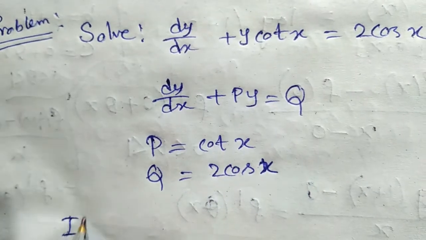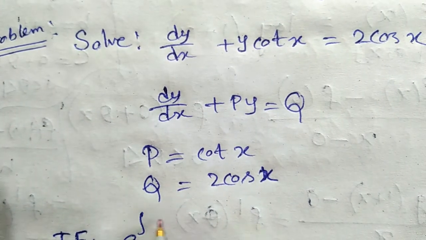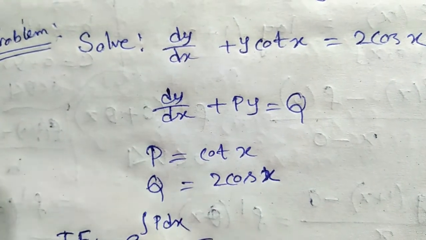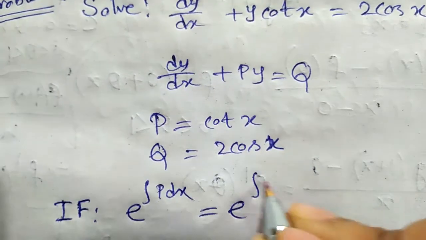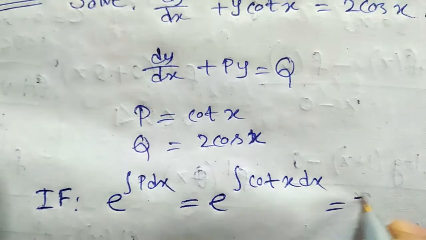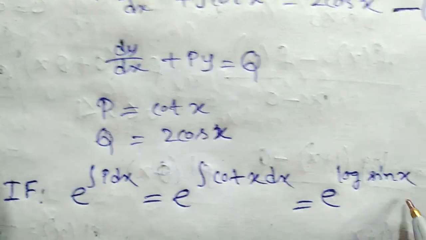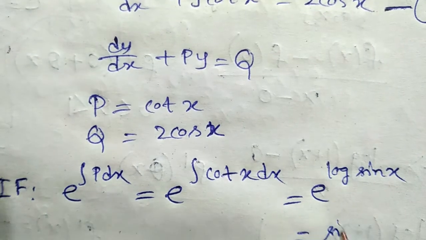So this is a linear equation of first order in y. Therefore the integrating factor will be e to the power integral P dx, that is e to the power integral cot x dx, that is e to the power log sin x, and this is equal to sin x.